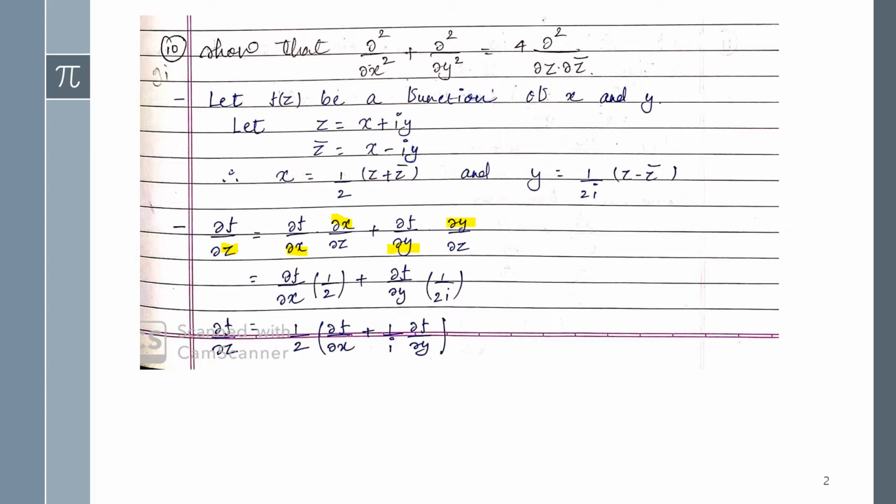Now ∂f/∂x I'm keeping as it is, and we have the values of x with respect to z, where x is the real part of z. So ∂x/∂z we can find and the answer will be 1/2, and ∂y/∂z will be 1 upon 2i. So from both the terms taking common 1/2, you get ∂f/∂x plus 1 upon i ∂f/∂y. And the same part we will do for the next term.